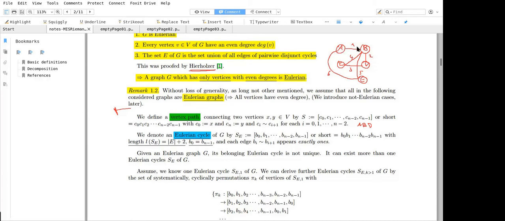A has 2, B has 4, C has 2, D 2, and E 2.